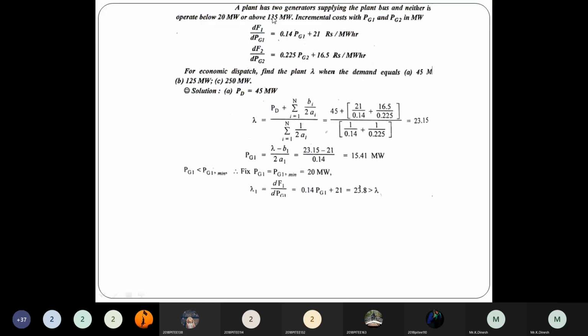So a plant has two generators supplying the plant bus, and neither is operated below 20 megawatt or above 135 megawatt.